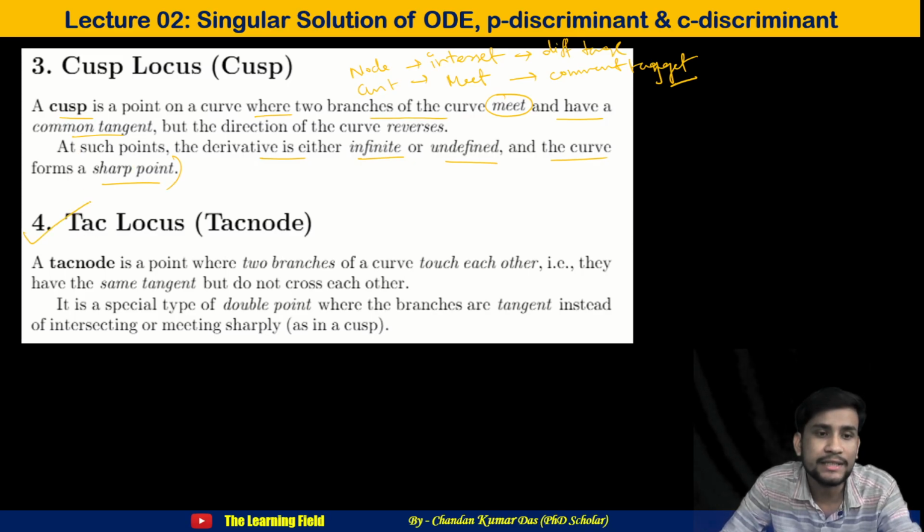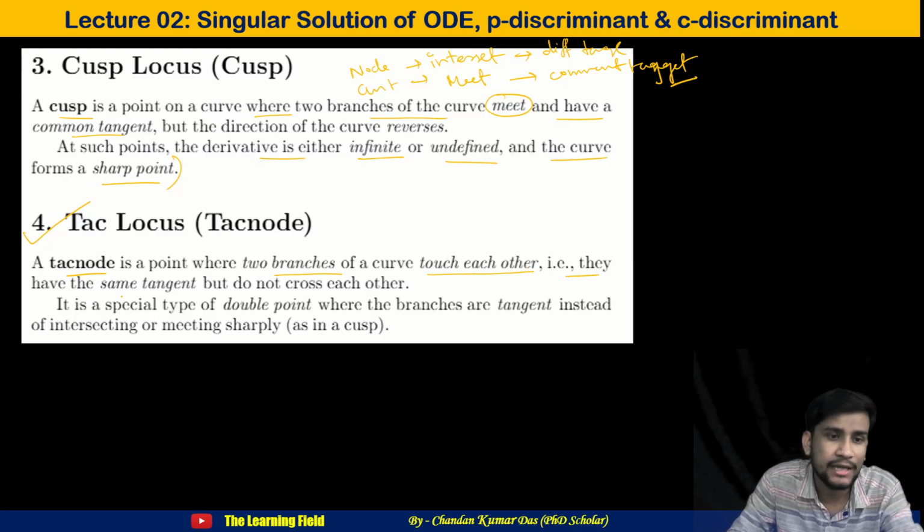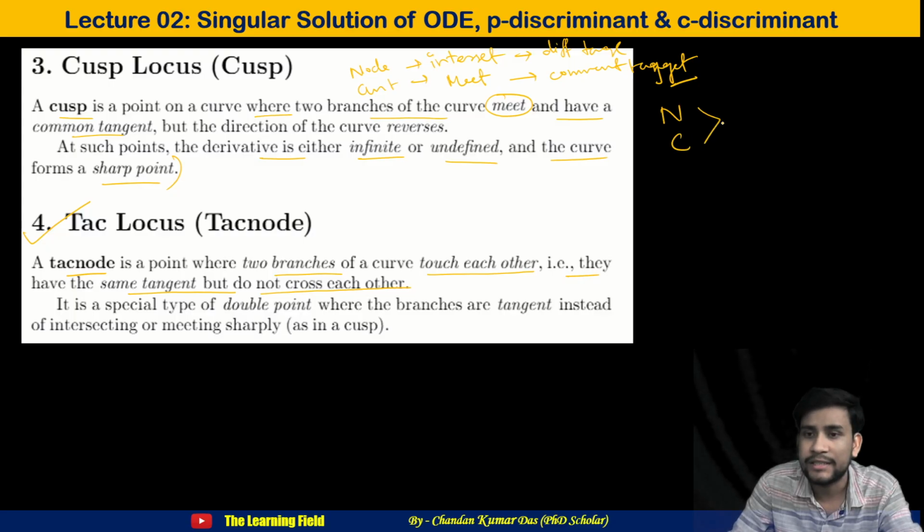Fine. Now, what is the tac locus? A tac locus is a point where two branches of the curve touch each other. That is, they have the same tangent but do not cross each other. So, in case of node and cusp, they actually meet or intersect, and in case of tac locus, they actually touch.